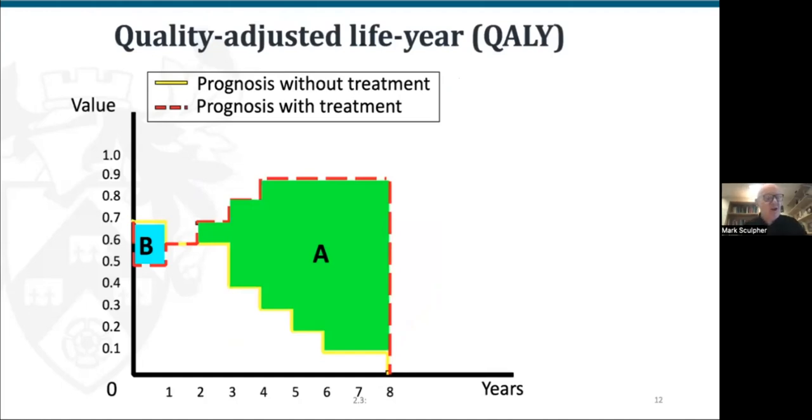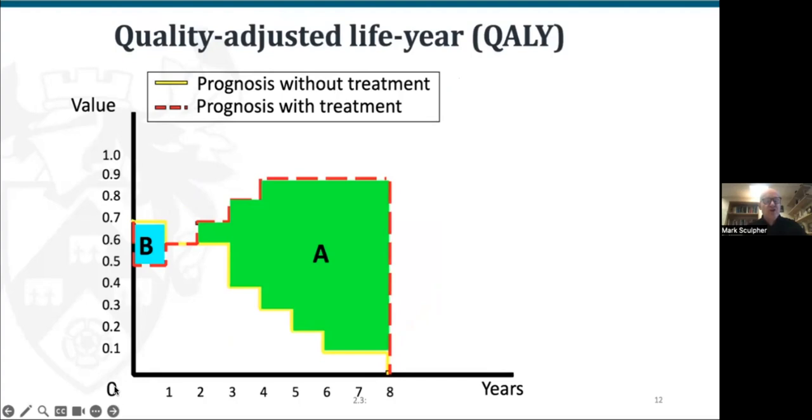And one popular measure of health that brings both of those things together is the so-called quality adjusted life year, or QALY. And this diagram shows how we derive a QALY in very simple terms. Here we've got on the y-axis somebody's quality of life, the average patient's quality of life.